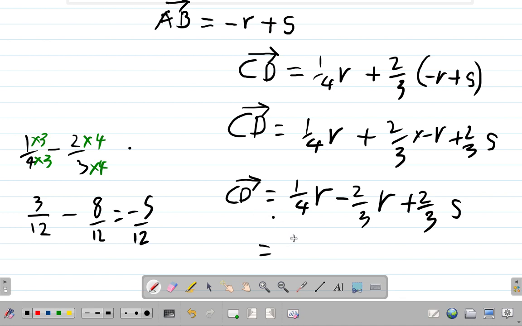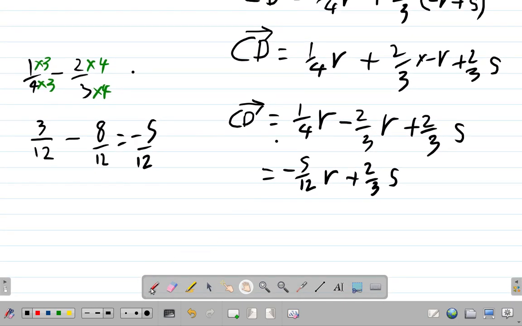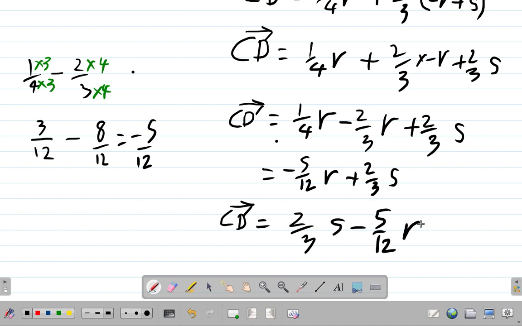This is negative 5/12 R plus 2/3 S. Now, we can rewrite this as CD equals 2/3 S minus 5/12 R. Do you see that?